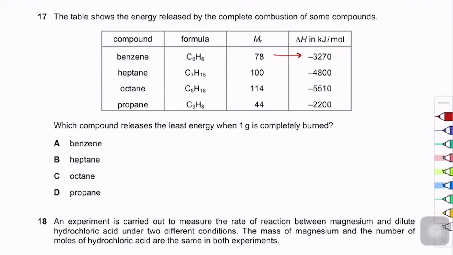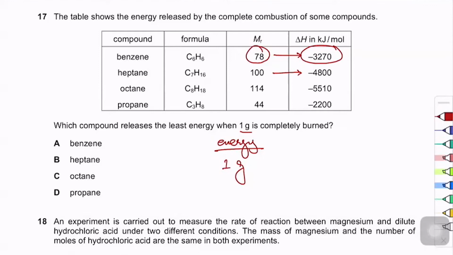100 grams of heptane gives this much energy. So what is the energy per gram? Don't think of it as energy for 1 gram. Think of it as energy per gram. Energy per 1 gram. Isn't that energy per gram? This is the energy of 1 mole, this is the grams of 1 mole.